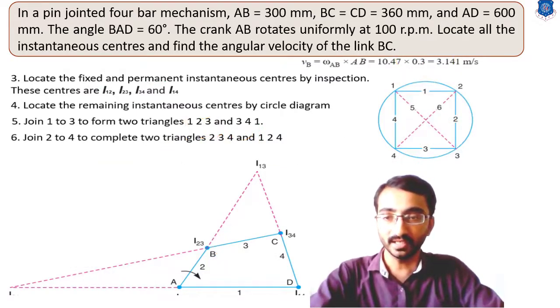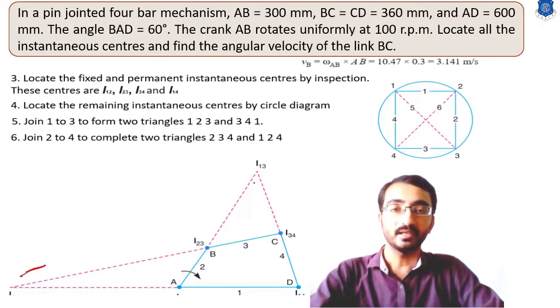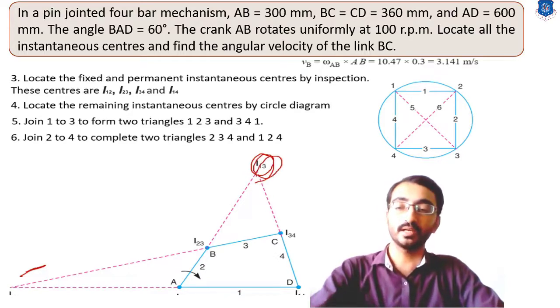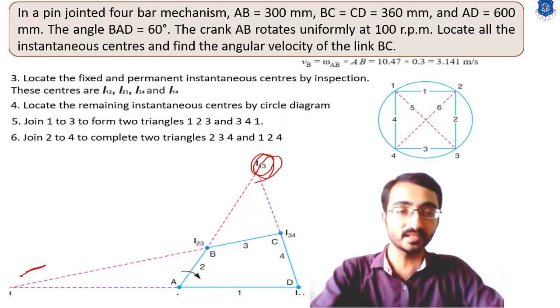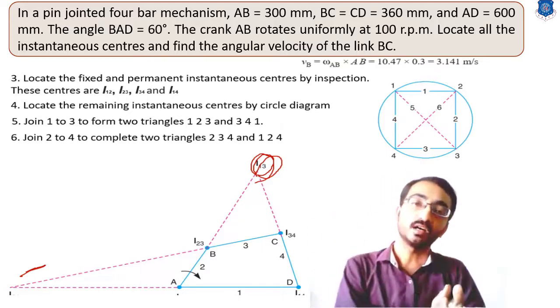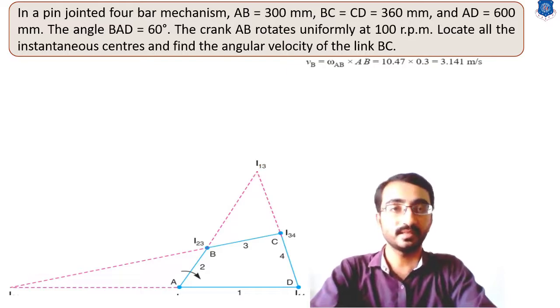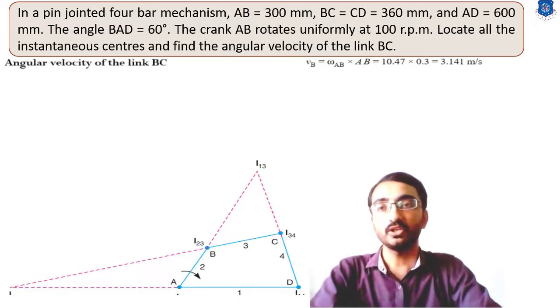So over here we have obtained I24 and I13. In this way you can locate these 2 neither fixed nor permanent instantaneous centers. Okay, now after sketching this diagram, you have to calculate what is asked in your numerical.